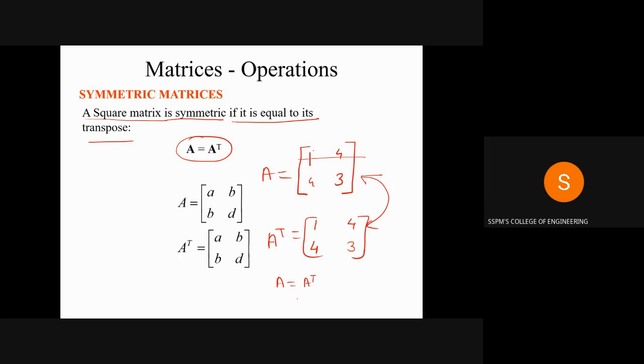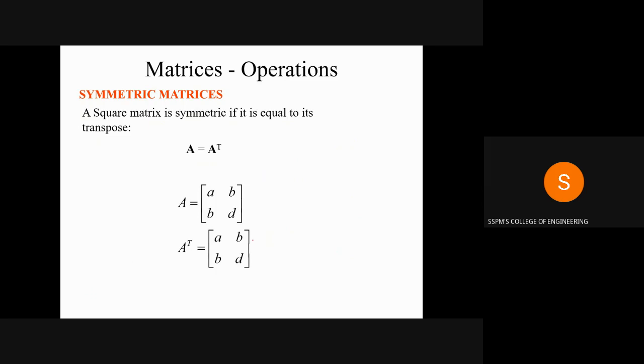That is why we can say that these matrices are symmetric matrices. For a 3 cross 3 example, we can take, suppose, 1, 3, 7, 6, 6, 8, 8, 2, 2.